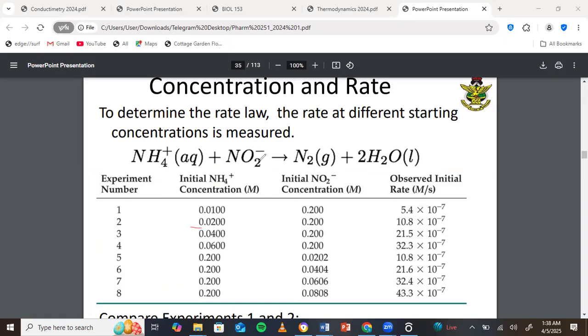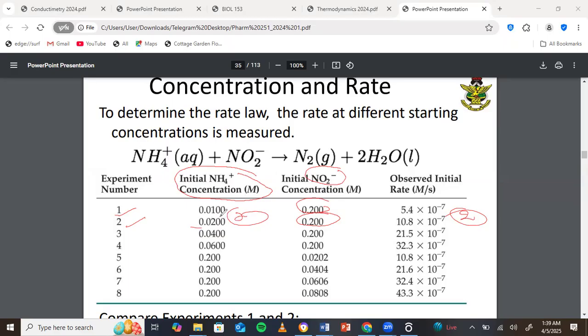So assuming I want to find the order for the ammonium, I have to make sure the NO2 minus is constant. If I look at experiments 1 and 2, the concentration of this one was maintained, but the concentration of the ammonium has increased by 2, right? Now we have to look at what has happened to the rate. The rate has also increased by 2. That is something that we can live by.